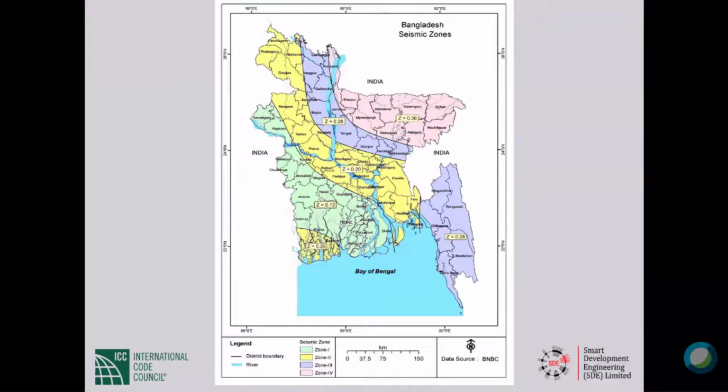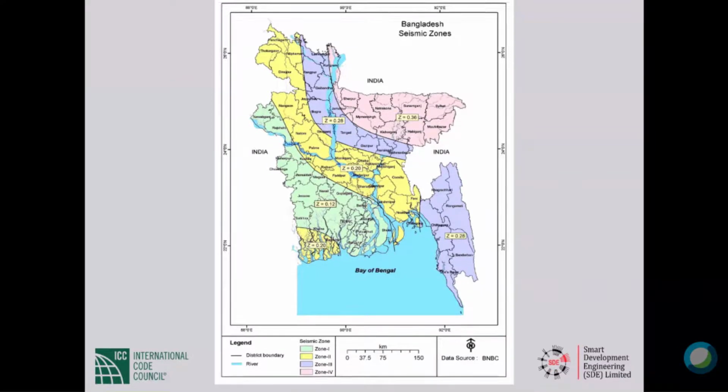BNBC, as I mentioned, uses seismic zones. Bangladesh is divided into seismic zones 1 through 4. 1 is the lowest, 4 is the highest. The lowest has an assigned Z value of 0.12, then 0.20, then 0.28, and for zone 4 it is 0.36.